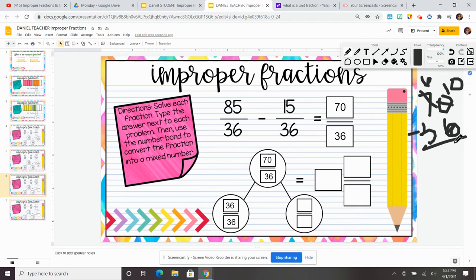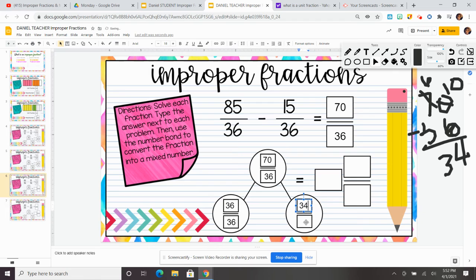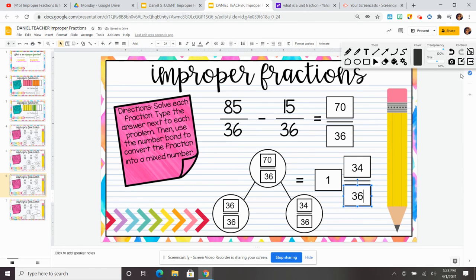All right. So 10 minus 6 is 4. 6 minus 3 is 3. Okay. And so my numerator is going to be 34. So I'm going to type in 34/36. So that means this 36/36 is one whole. And then what I have left over is 34/36. Okay. I'm going to delete this one and do the last one.